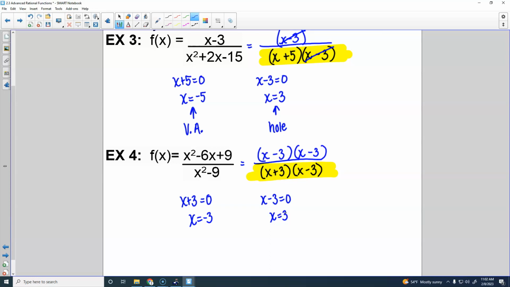So if I'm looking for the one that cancels, it's this x minus 3. It will cancel. I will have x equals 3 right here, the one that I got from the x minus 3. So this is a hole in the graph, or a point discontinuity, or a removable discontinuity.